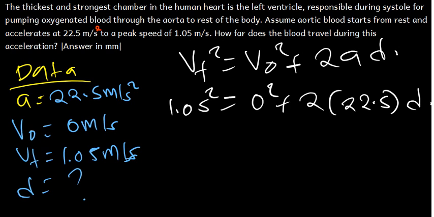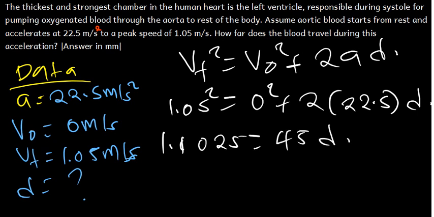So 1.05 squared gives 1.1025, which has to be equal to 22.5 times 2, which is 45, so we have 45d.